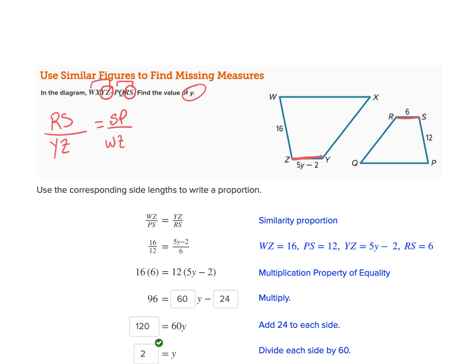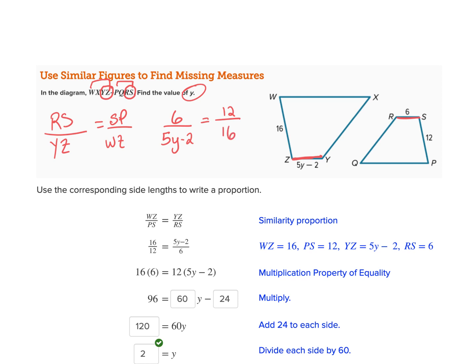Now next I'm going to fill in the values for those sides. So RS is 6, YZ is 5y minus 2, and that's going to equal SP, which is 12, over WZ, which is 16.